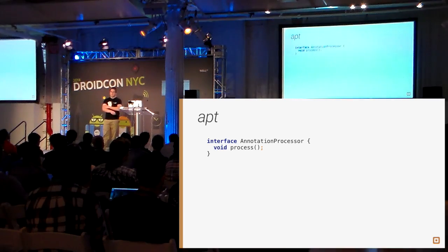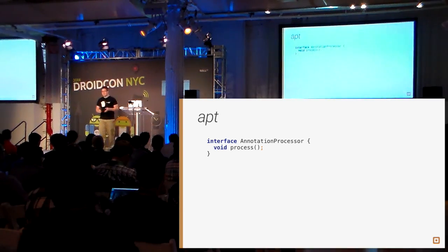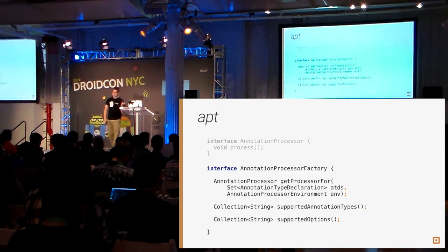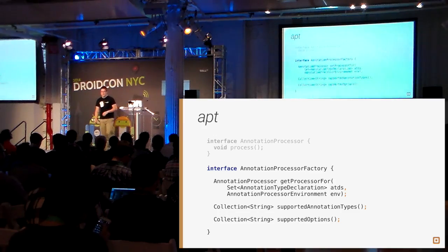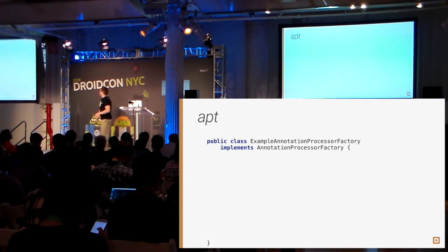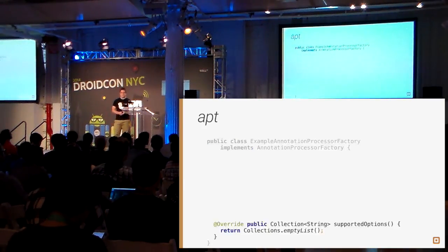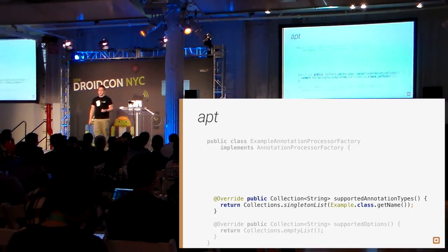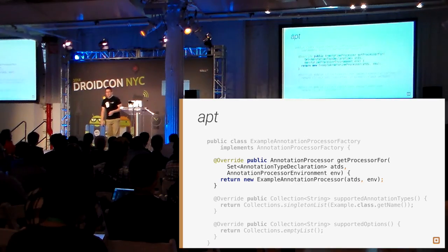Its API was really simple. It's basically just a process method, and then a factory for the thing that does the processing. So you don't really need to see what's going on here. Let's just implement it really quickly. Supported options, not going to cover. Supported annotation types. This is a declaration of what we're interested in. And then finally, we're creating instances of our processor.